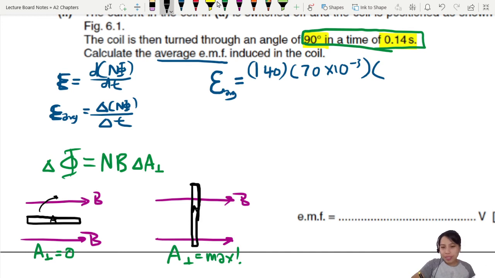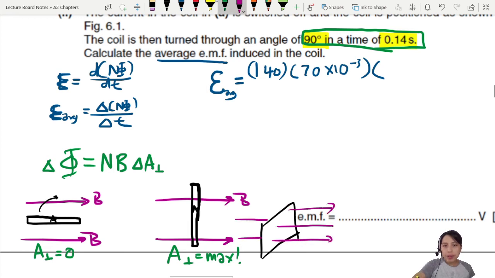So when we say maximum area is actually like this, and you have the flux coming through like that. So what is the area of this whole coil? And go and see the dimension earlier. Just now it's what? 4.5 and 2.8 cm. So this side is 4.5. Here is 2.8 cm. So from no area to maximum area.